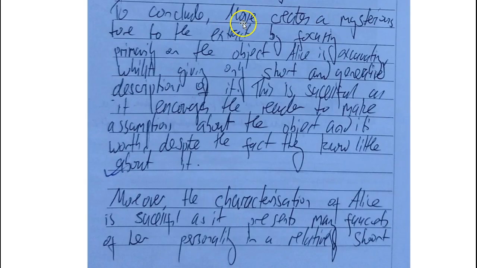To conclude, Moss creates a mysterious tone to the extract by focusing primarily on the object Alice is excavating, whilst giving only short and generalized descriptions of it. This is successful as it encourages the reader to make assumptions about the object and its worth, despite the fact they know little about it.